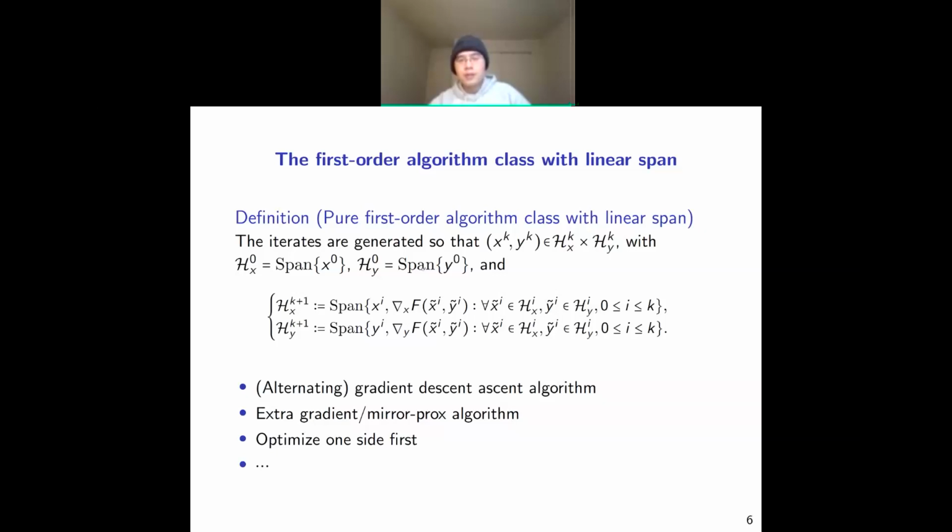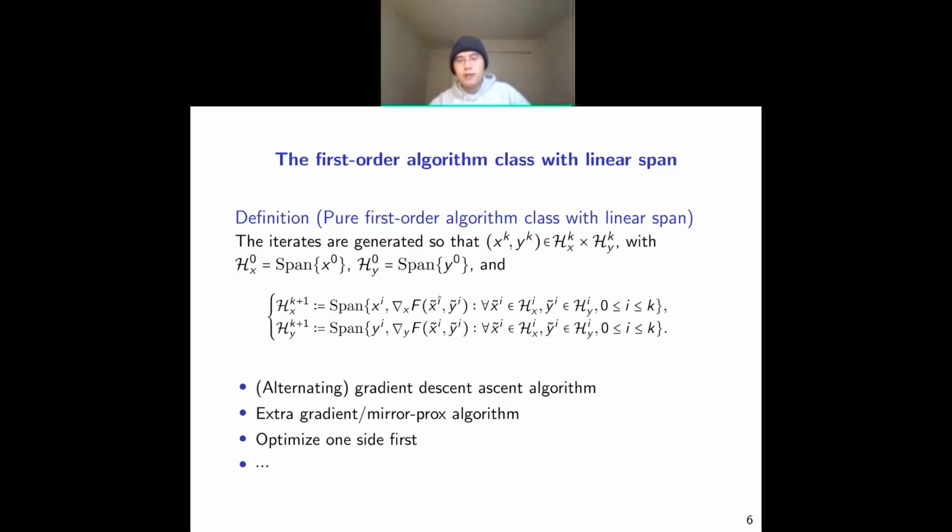So the first subspaces are just the linear span of your initial point, and then later on, for the next subspaces, for example, for x, this is H_{k+1}^x. It is the linear span of all the previous x iterates and all the previous partial gradients with regard to x.